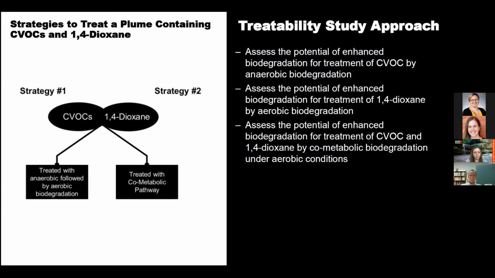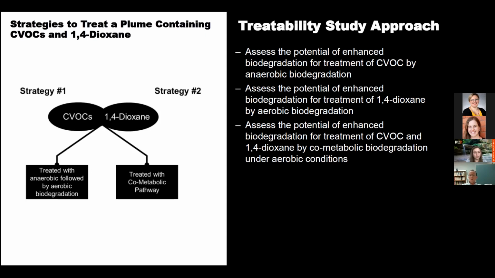So typically for anaerobic degradation, you generally set up some microcosms that have different treatments in them. We typically use here in our treatability lab a control sample where we just have a soil and groundwater mixture to see if the natural degradation can have any impact. And then we enhance it by adding amendments such as nutrients.